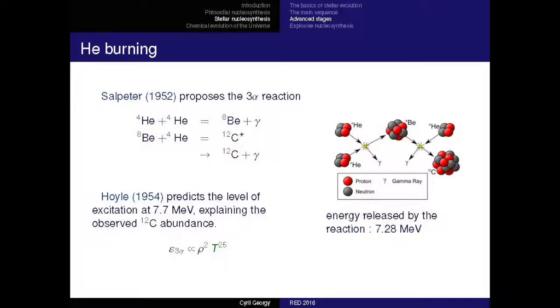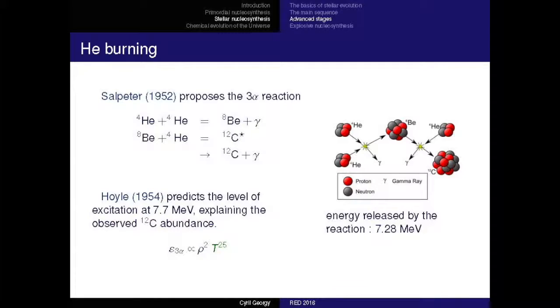The next burning phase took time for people to understand, how stars can go through helium burning. Because the only way to go to higher mass elements is to use the triple alpha reaction.